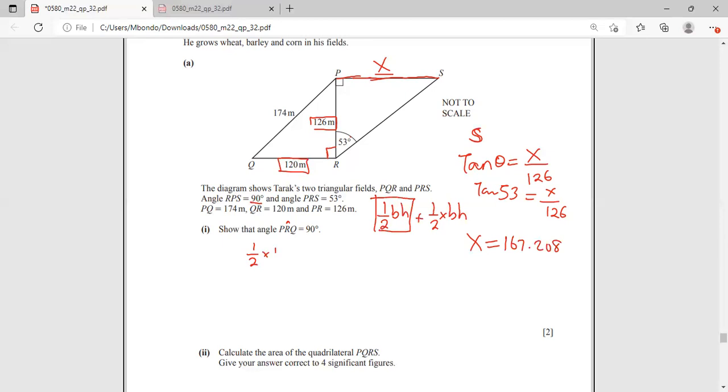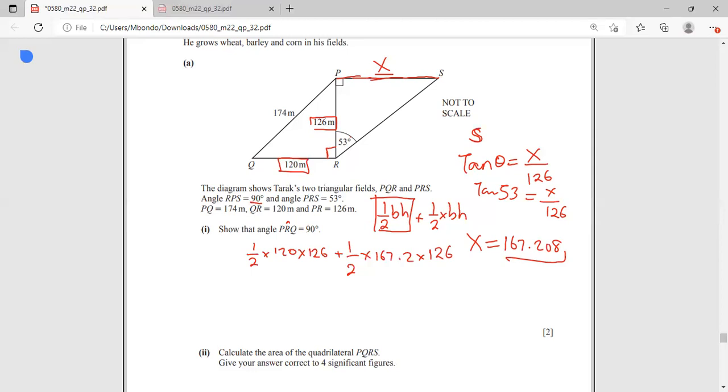The base is 120, and then multiplied by the height. Height is going to be 126 plus, again, we do the same thing for the second one. What is the base? The base is going to be this one now, 167.2. We can actually just write it even like this. Then multiplied by the height will still be the same one, which is 126.